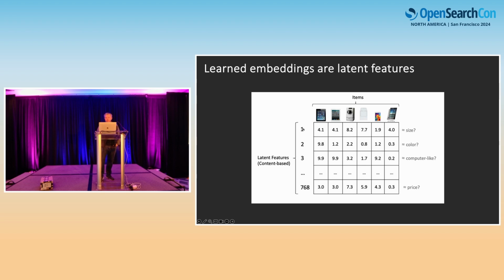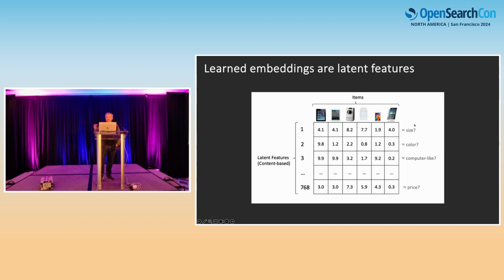I might generate embeddings that look kind of like this over here, and this could even just be coming from my LLM, where I've got 768 dimensions. This item has these feature values, this item has these feature values, etc. But if you look at these in aggregate, what you'll notice is that this particular feature roughly corresponds with size of the item.